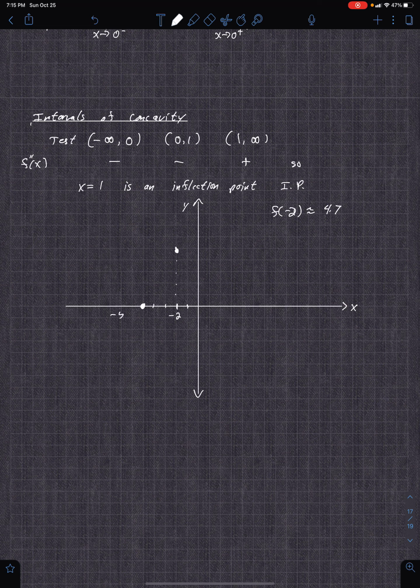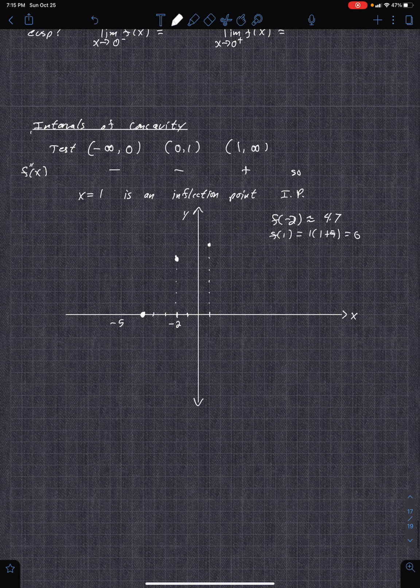Negative 5 is here. We have an inflection point at 1. And then f of 1 ends up being 1 plus 1 plus 5, which is equal to 6. So it's up here.